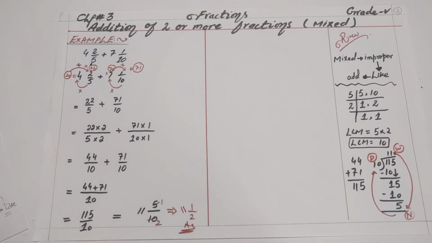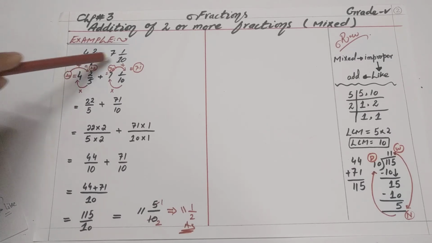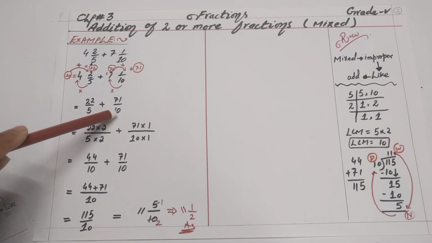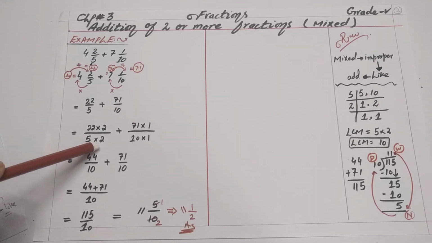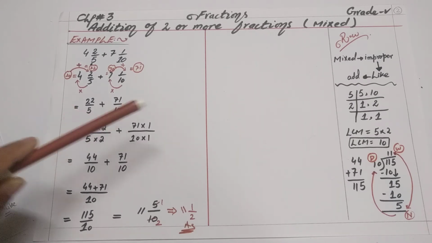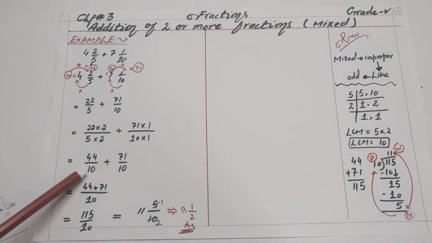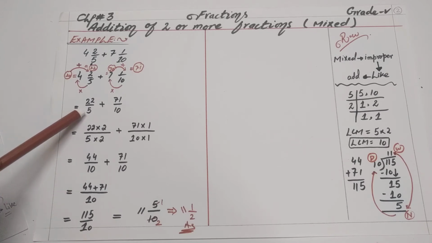Clear? So students, what are the steps over here? Firstly, you will convert the mixed fraction into an improper fraction. This is the procedure for how to convert it into improper. After this, the second step is to check the denominators. If your fractions are unlike, then make the denominators same. To make the denominators same, you have to find the LCM of the denominators by the division method, and then write the LCM as the denominator.